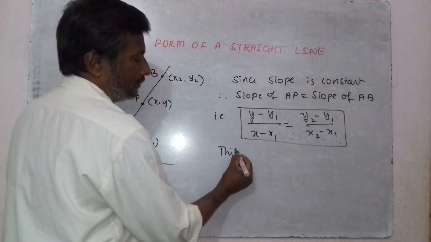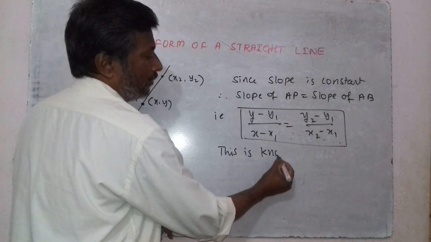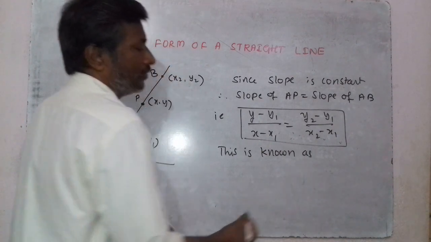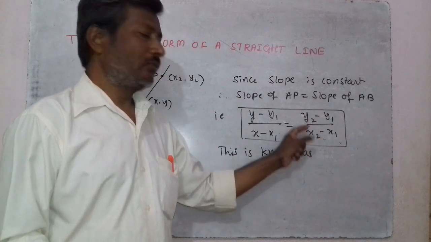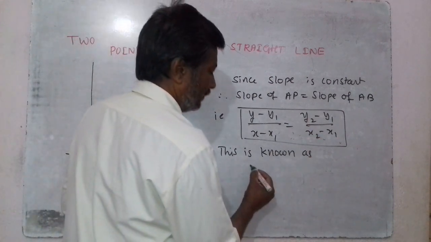This is known as the 2-point form of a line, with (x1, y1) and (x2, y2).